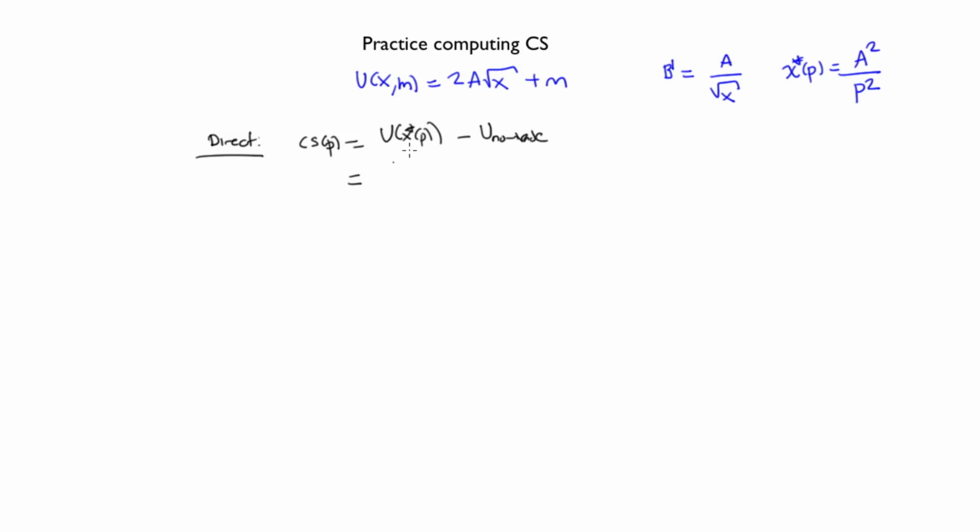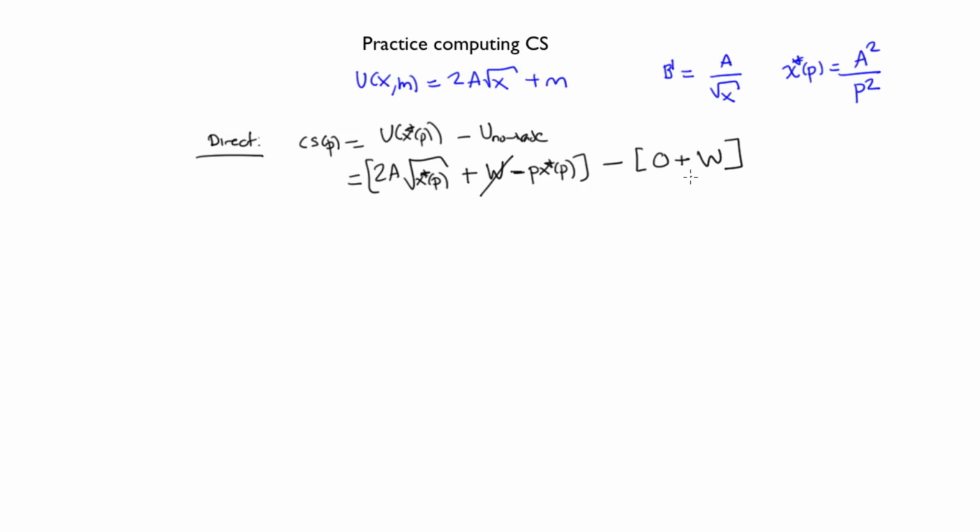So that is going to be equal, just substituting, to 2a square root of the amount that is demanded, plus the wealth of the consumer, minus the amount that gets spent to buy the optimal quantity. That is the utility at the trade minus the utility at no trade, which is just basically 0 because no x gets consumed, plus w because everything gets consumed in the good m.